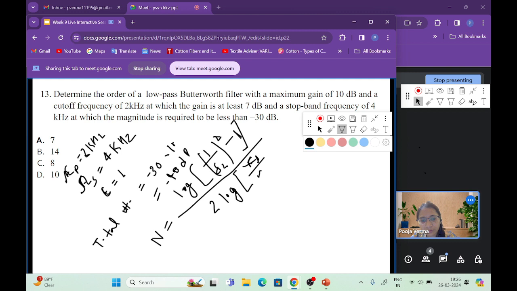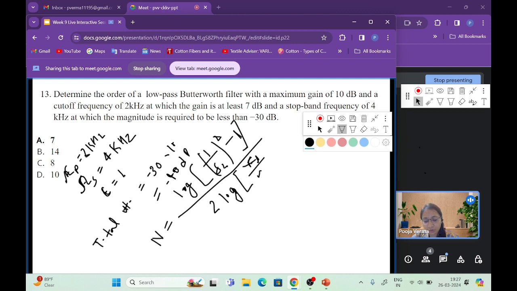Sorry guys, I'm not able to write clearly. So you can note it down. If you solve this question, 1 by delta 2: minus 40 dB is 20 log delta 2, and you will get 0.01.